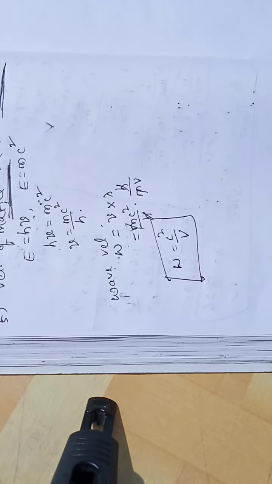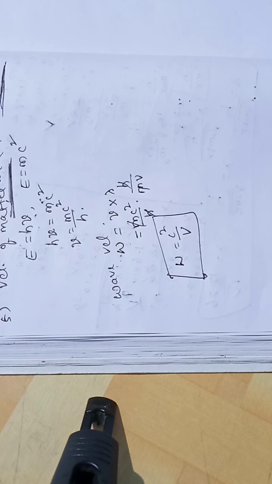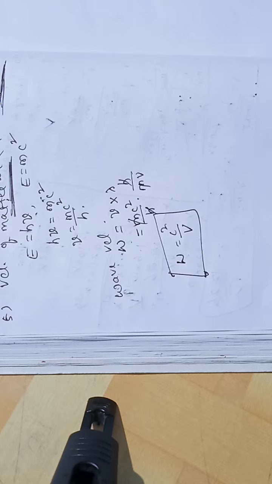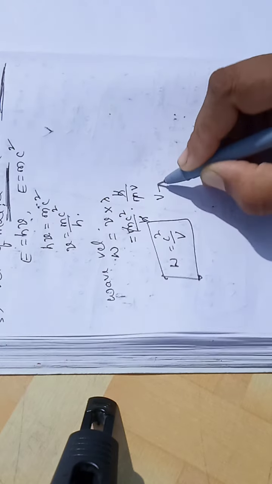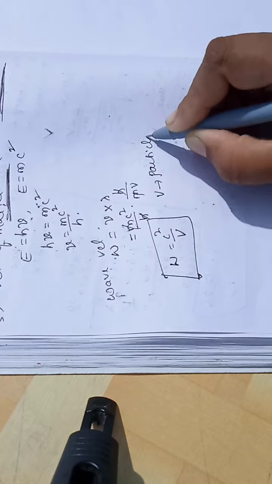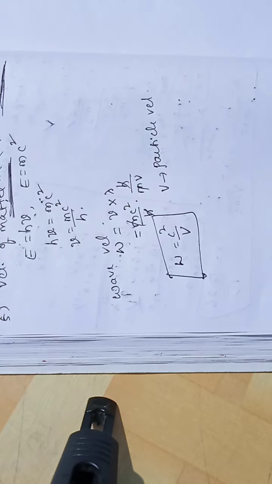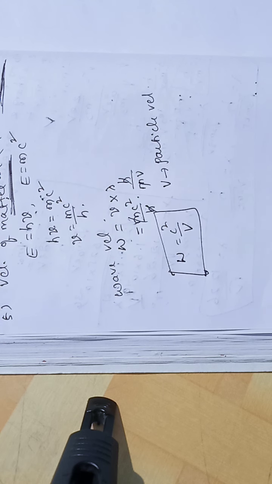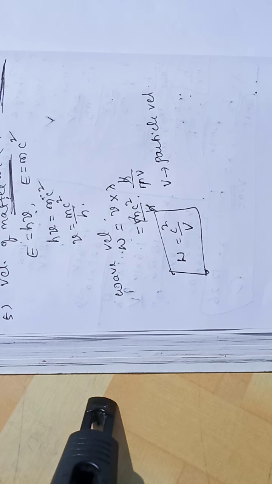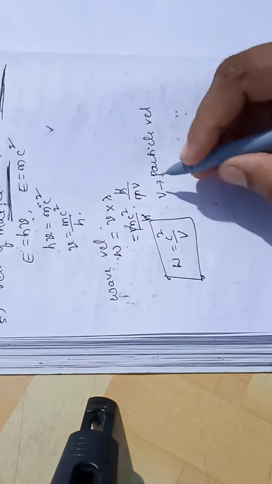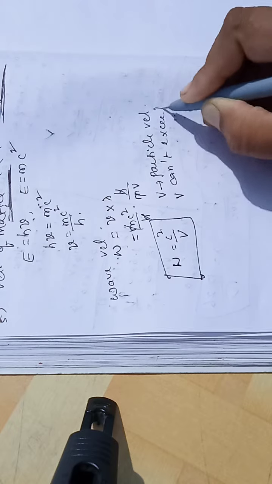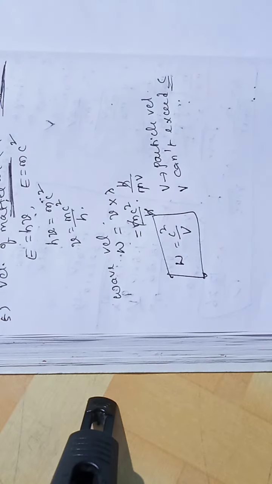So here the wave velocity W is c square divided by v, where v is the particle velocity. Now no particle can have velocity more than light velocity. We know that particle velocity cannot exceed light velocity.